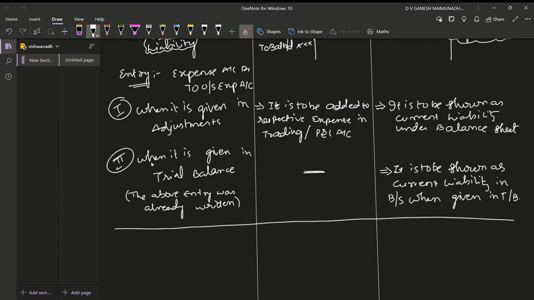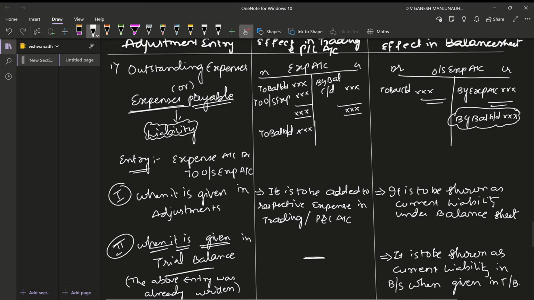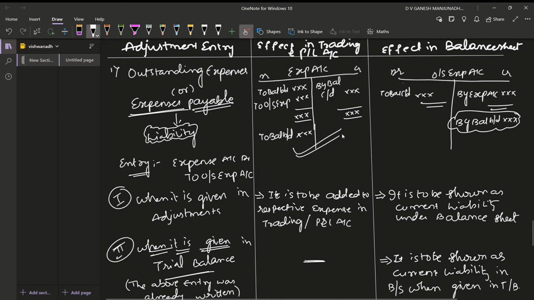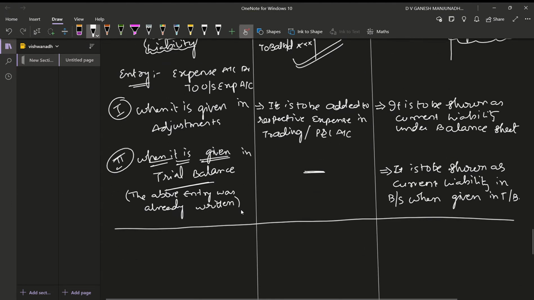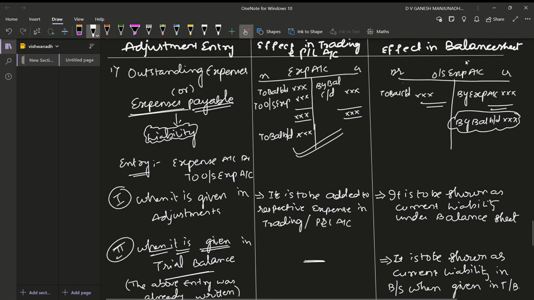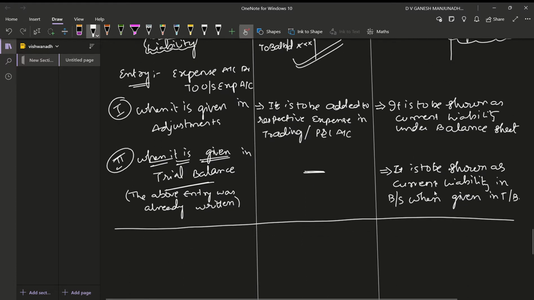When it is given in trial balance, this entry, expenditure account debit to outstanding expenditure, has already been recorded. That means it has already been adjusted to the expenditure account, but there will be a credit balance for the outstanding expenditure account that will be shown simply as a current liability under the balance sheet.